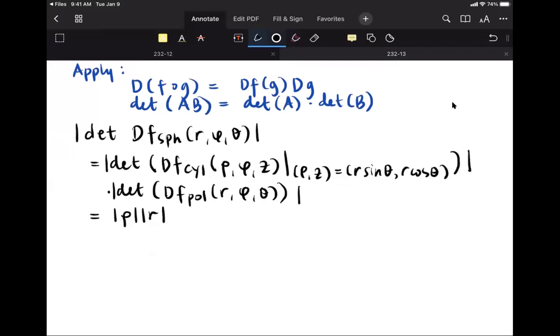And since rho and r are positive, this is rho r. However, we need to replace rho by r sine theta, so this is r squared sine theta.